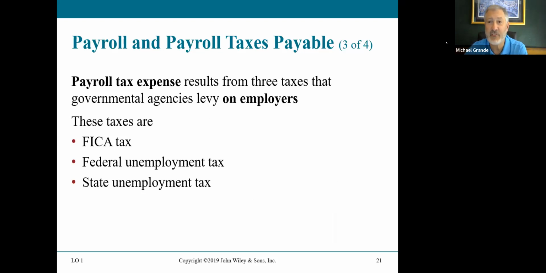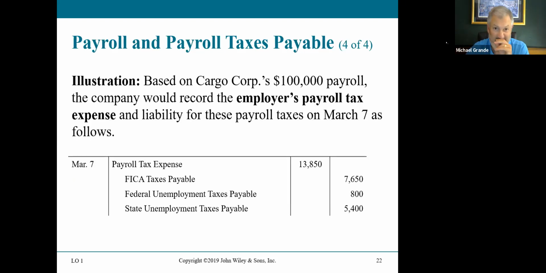These taxes include FICA tax, which is Social Security and Medicare tax, federal unemployment tax, and state unemployment tax. Based on Cargo Corp's $100,000 payroll, the company would record the employer's payroll tax expense and liability for these payroll taxes on March 7th as follows.